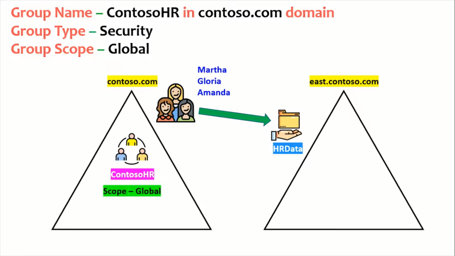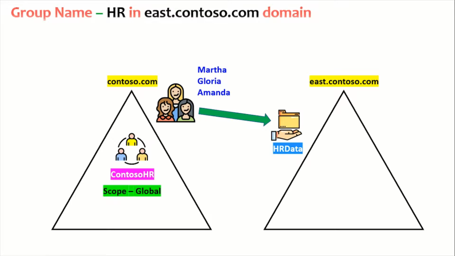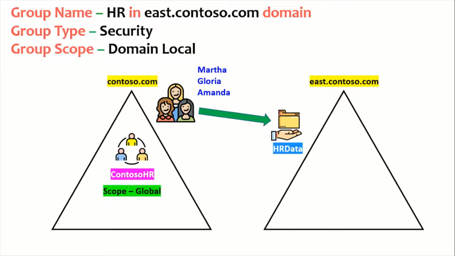So we'll create a security group with global scope named Contoso HR in contoso.com domain. And after that we'll add Martha, Gloria and Amanda as the members of this Contoso HR group. Then we'll create another group named HR in east.contoso.com domain.